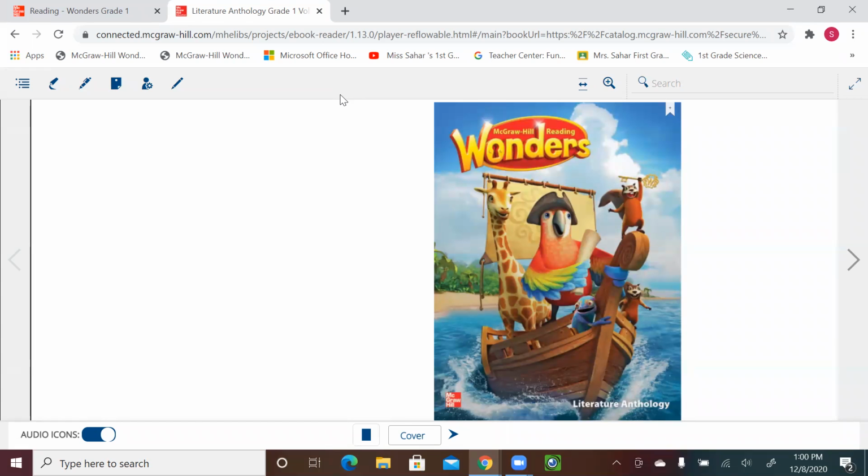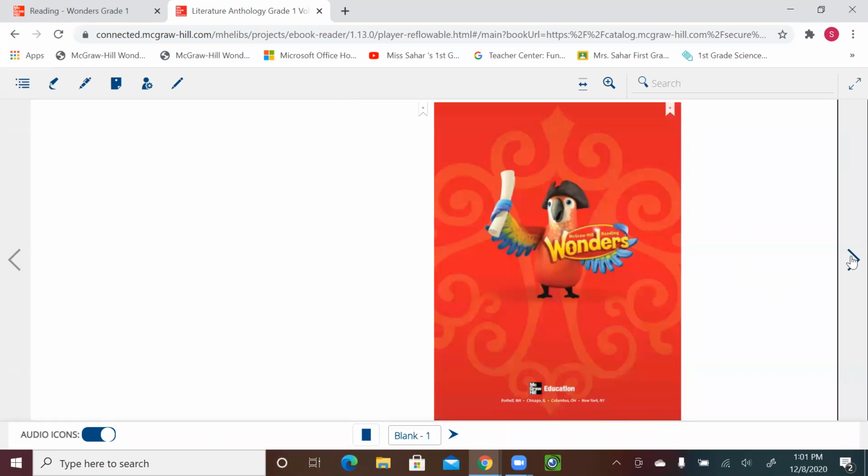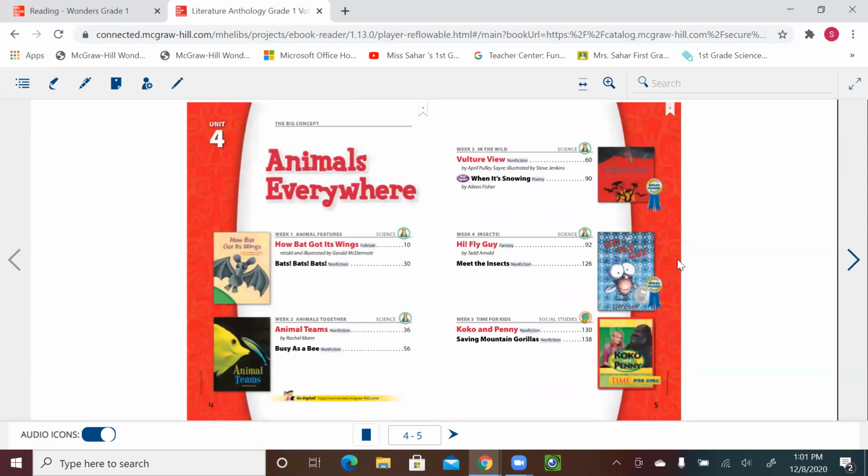We're going to start with a new unit, Unit 4, and we're going to have Units 4, 5, and 6 with the same book. So this is what the book looks like. In this book, you're going to see Unit 4, Unit 5, Unit 6. In Unit 4, as you remember, we're going to be talking about animals and the big idea for this unit: What animals do you know about and what are they like?